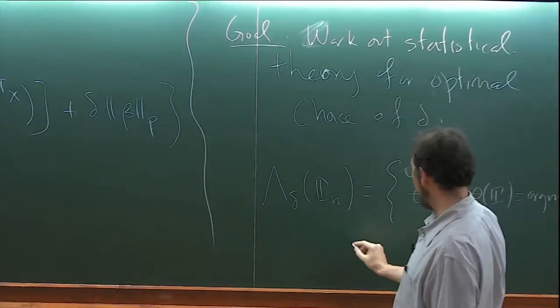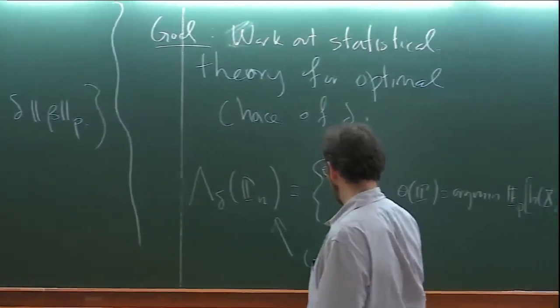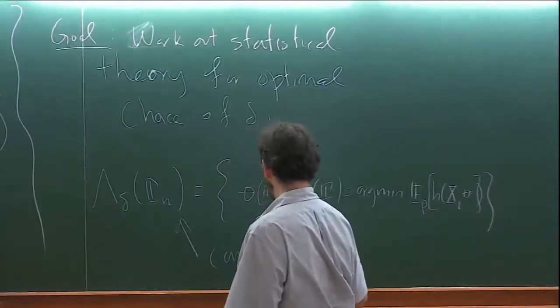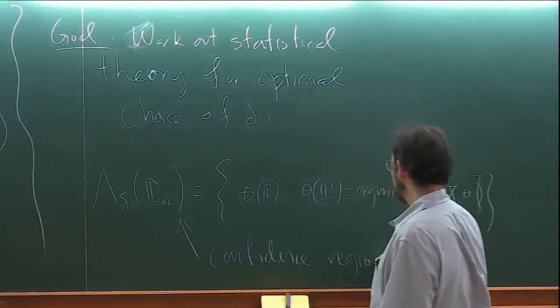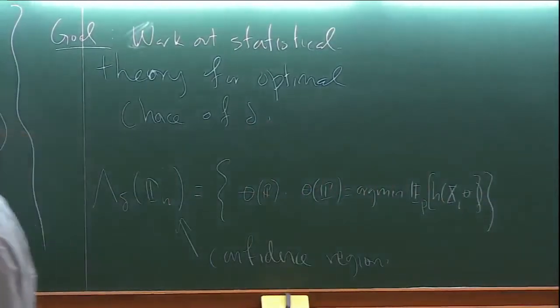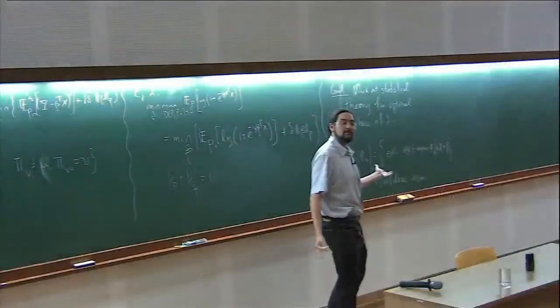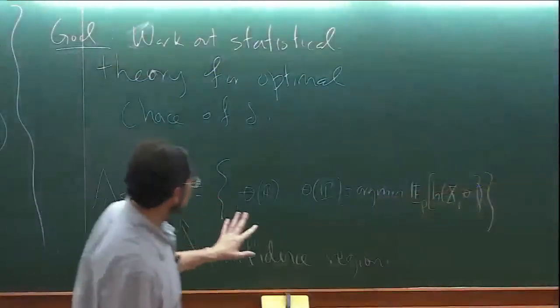generates a confidence region, so you can interpret this as a confidence region. The intuition is that if you have chosen delta correctly, every model here is a reasonable variation of the data. And so for every such model, you can pick a decision. The idea is that we don't want to have the right model; we want to make the right decision. So we have this set of decisions.